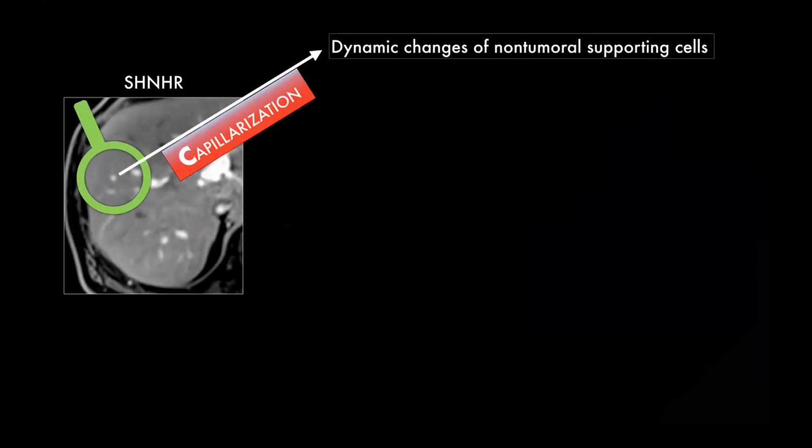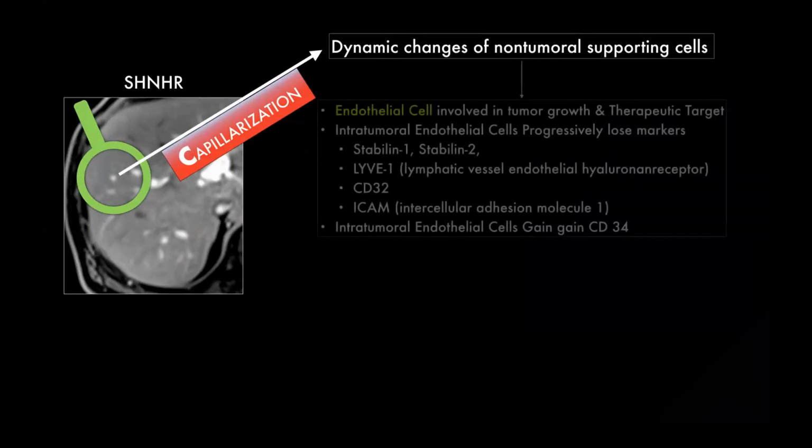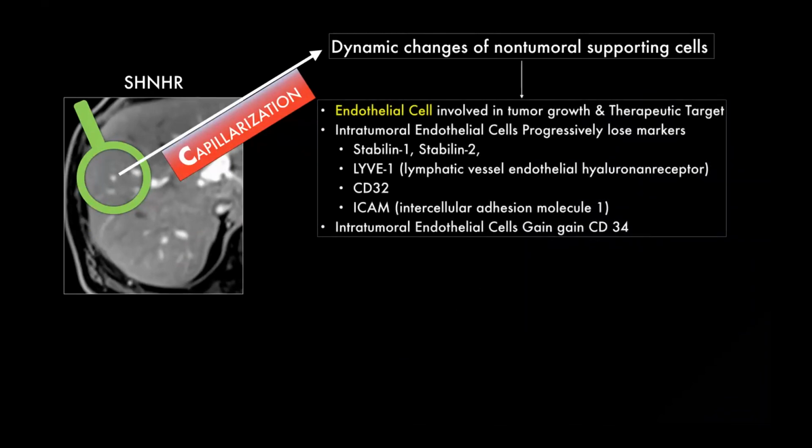So what is this change in vascularity, and how does it impact the way we image these patients? Please remember, normal liver changing into neoplastic disease, that phase is called capillarization, where you get dynamic changes in not just the vascularity, but even the basement membrane and the non-tumoral supporting cells. Now, this is a pretty complex issue, and a lot of work is happening on that. To summarize, there is a change in the endothelial cell and the bridging complexes which bind the endothelial cells with the basement membrane.